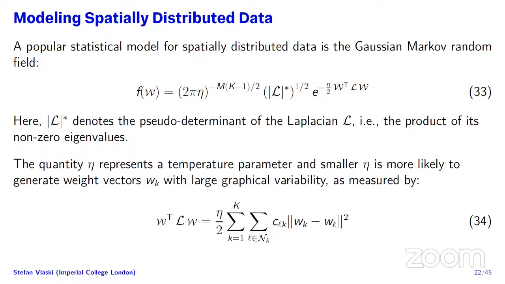So by this measure of variability that you construct using your Laplacian. And there's some details here which essentially boil down to the fact that the Laplacian generally does not have full rank, so you can't really think about its determinant, but you can still define this kind of a pseudo distribution.